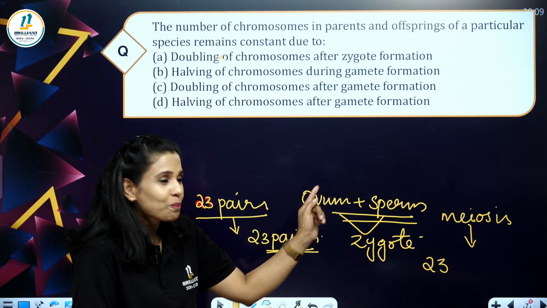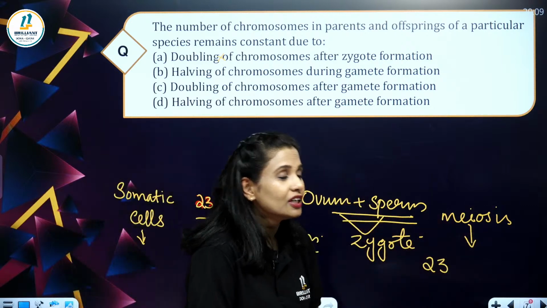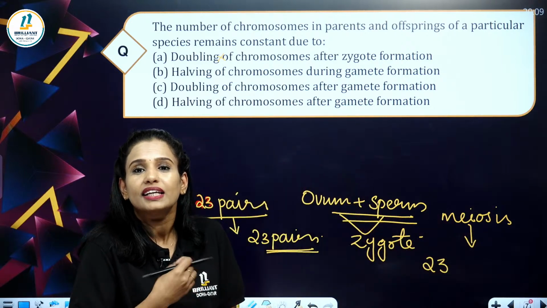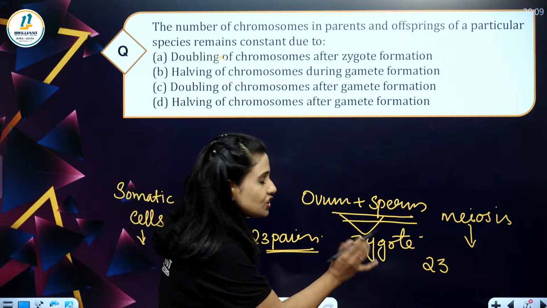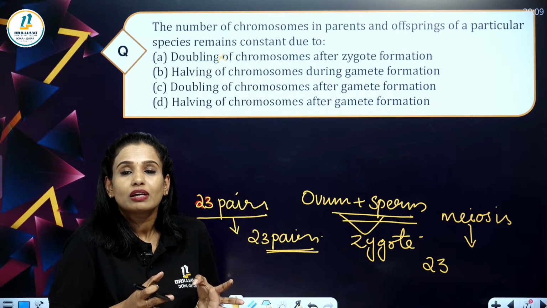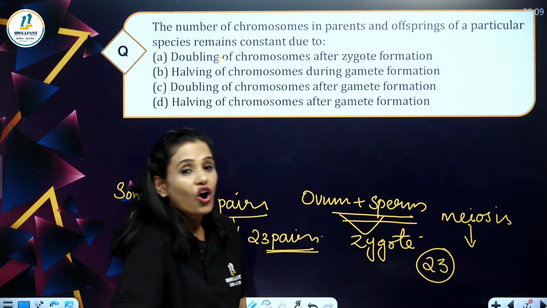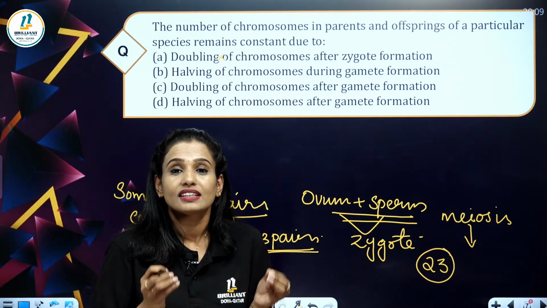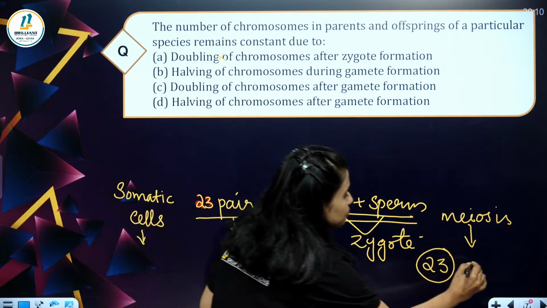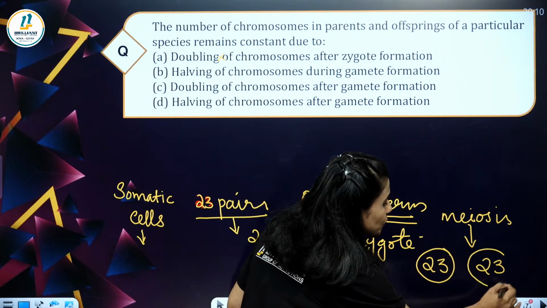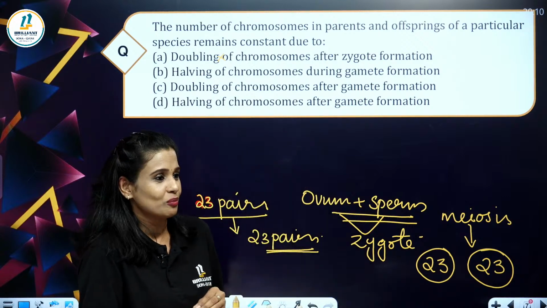So in ovum and sperm, what kind of division is happening? It is meiosis. During meiotic division, the ovum will be having 23 chromosomes and the sperm will be having another 23 chromosomes.